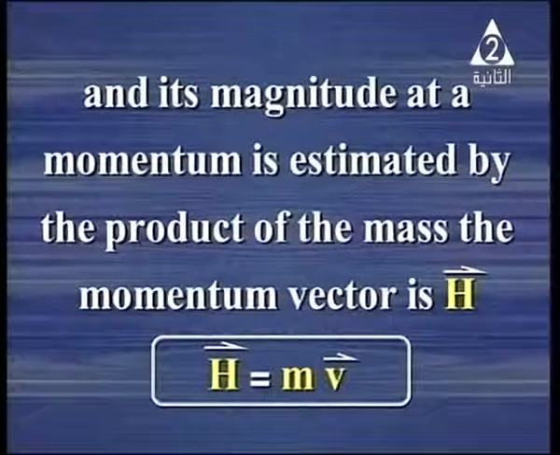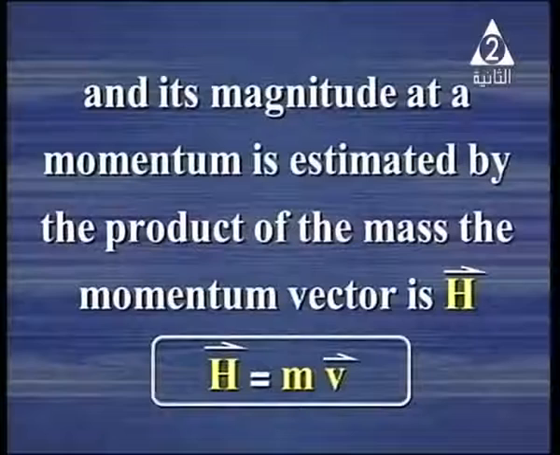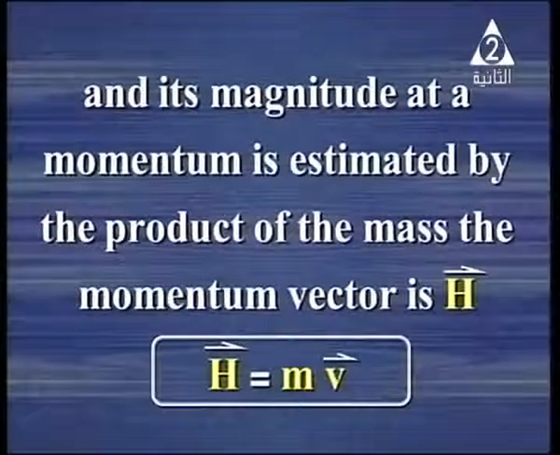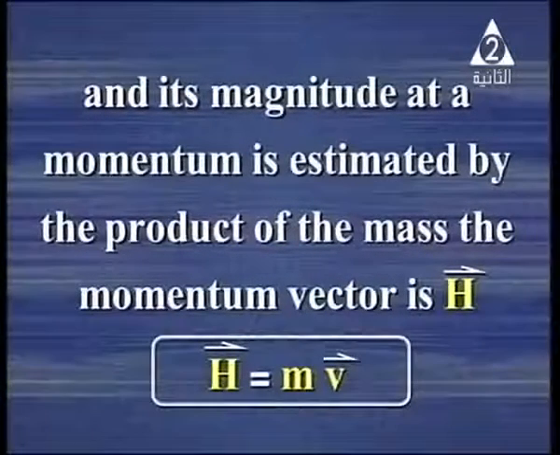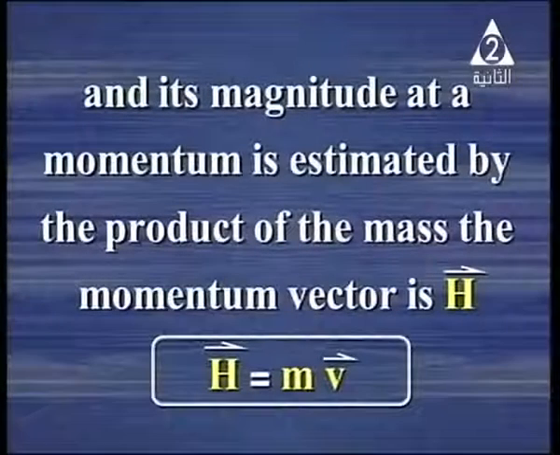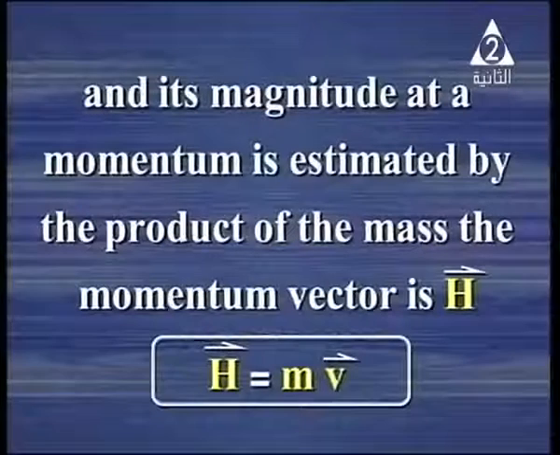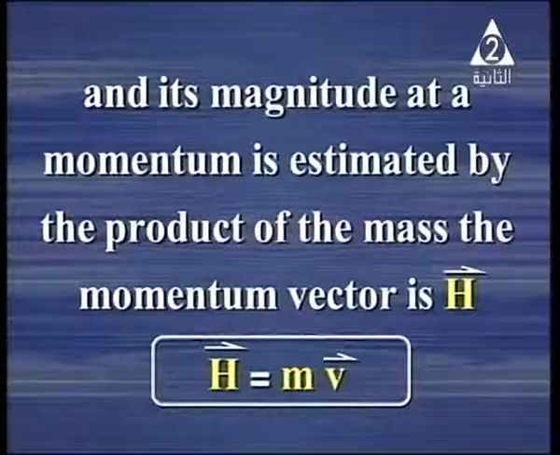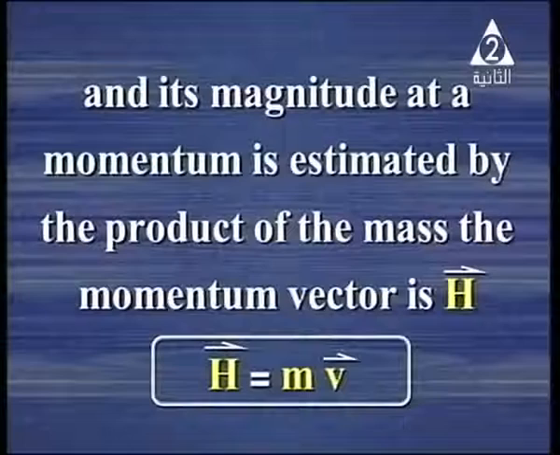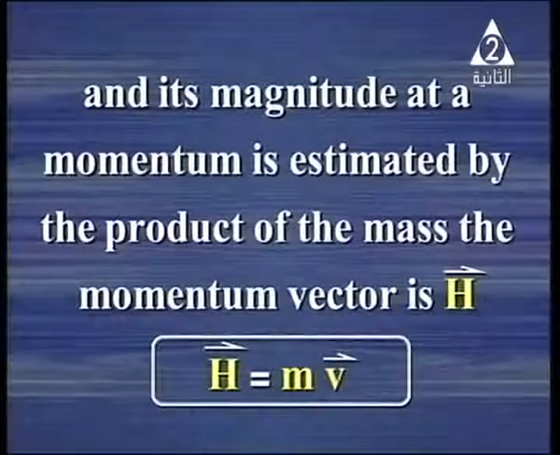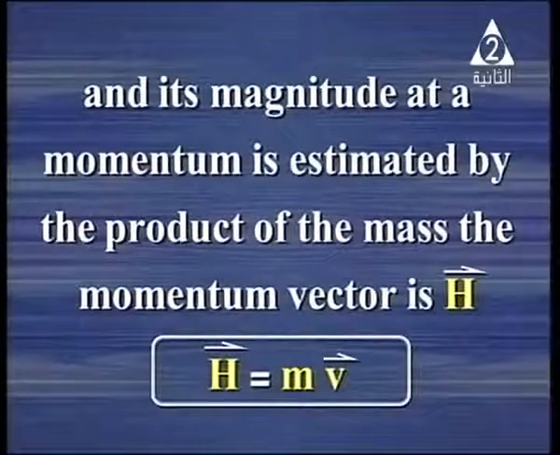If we multiply m times v, we find the value of momentum. Remember, dear student, momentum of any body is a vector: mass multiplied by the velocity vector.